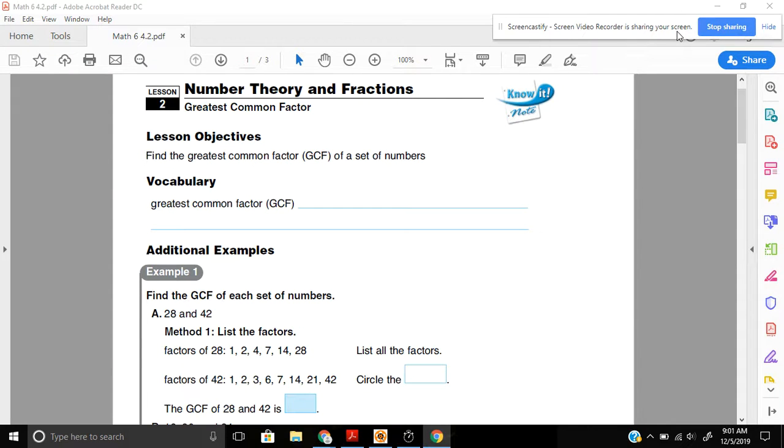Today we'll be discussing the greatest common factor. And for our objective, it wants us to find the greatest common factor, or commonly referred to as GCF, of a set of numbers.